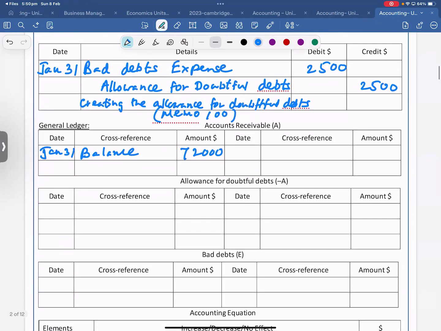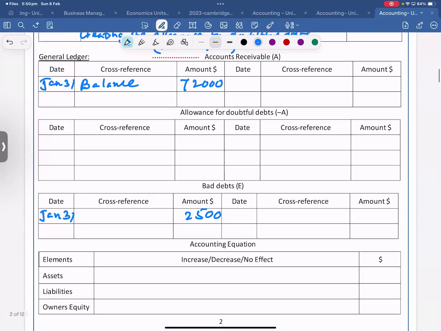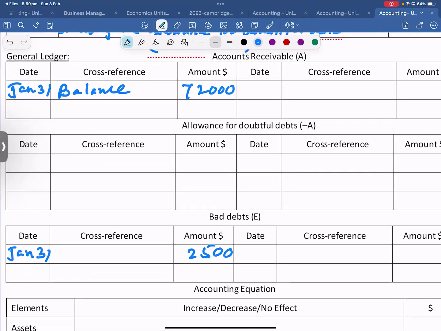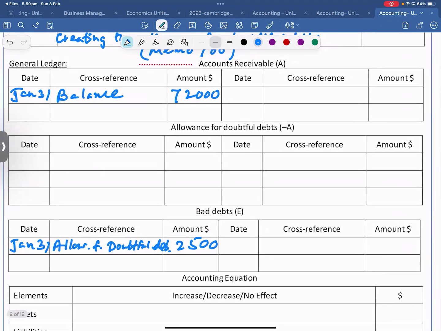And bad debts, we are debiting January 31st, 2,500, saying allowance for doubtful debts. And then we are crediting allowance for doubtful debt, saying bad debts, January 31st.